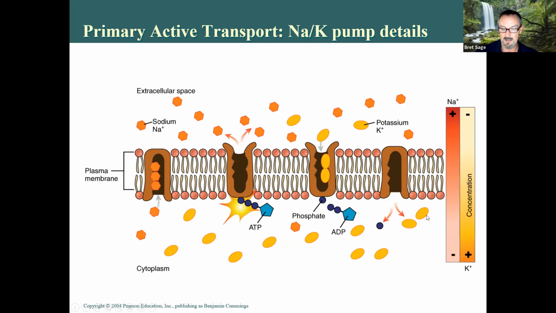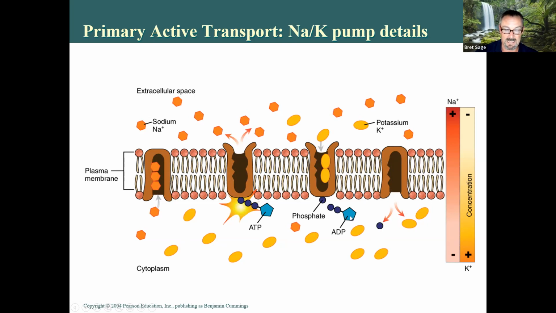And that pushes the potassium to the inside where there's already plenty. And it causes the phosphate to be released, and it repeats. So it goes from sodium binding to ATP attaching, which causes the conformational change, switching from outside to inside. Sodium is popped out. The next step is potassium comes in.